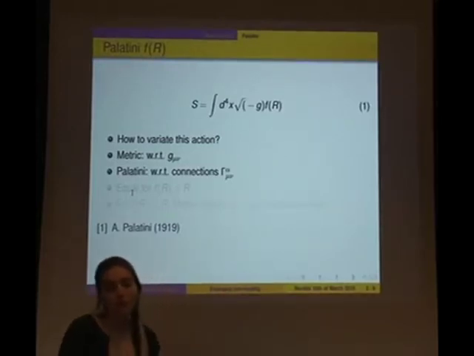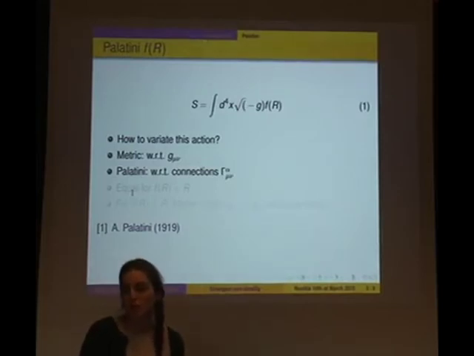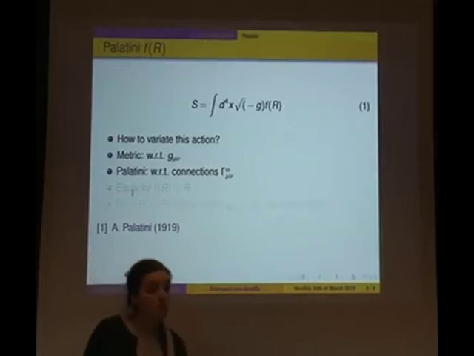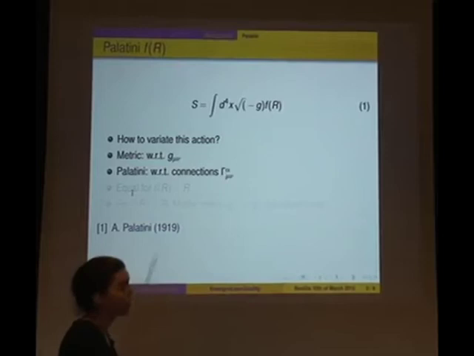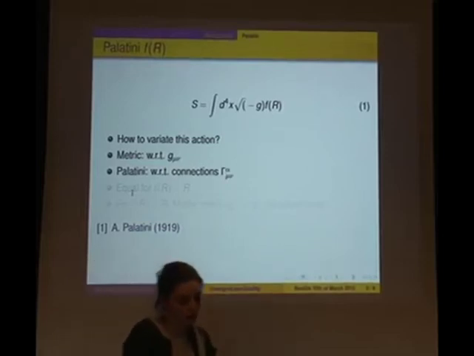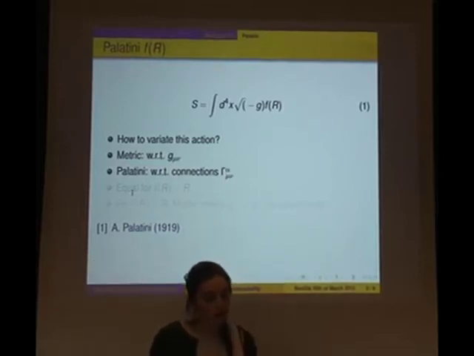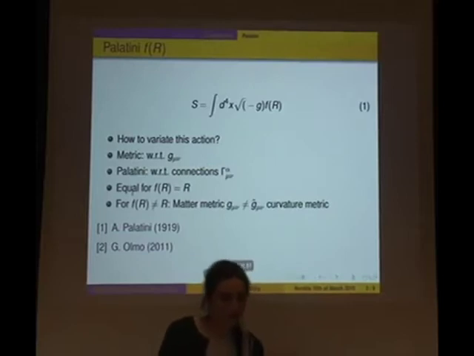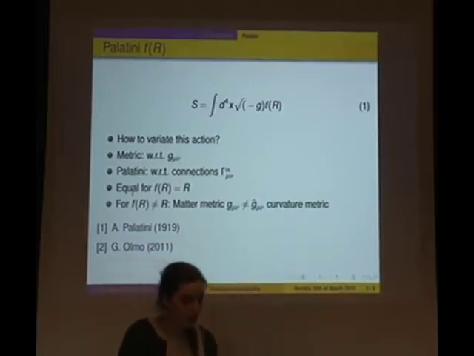So you promote your connections from just being Christoffel symbols, or geometric, to being free functions, and you vary with respect to them instead of the metric. And Palatini proved that this would be equivalent. So what if you do this for f of R? Like I said, in GR it's equivalent, but in f of R, this is not equivalent at all.